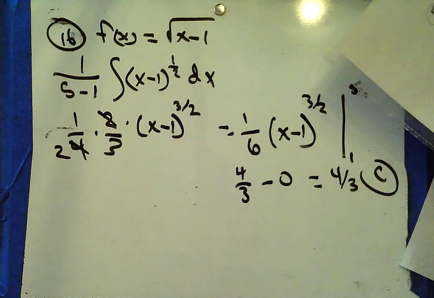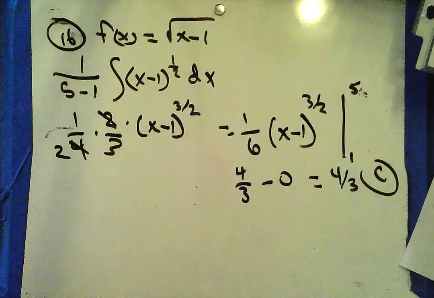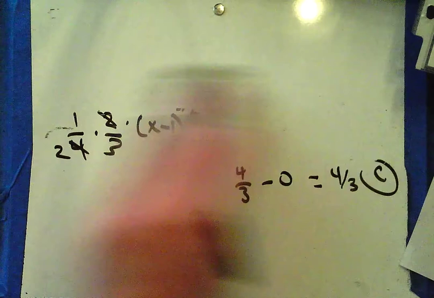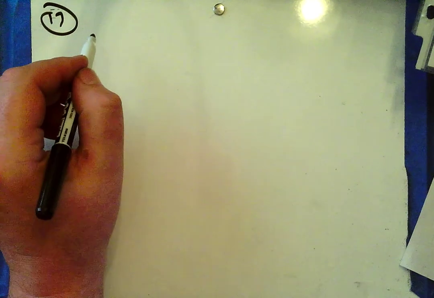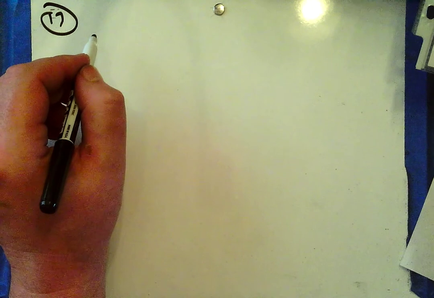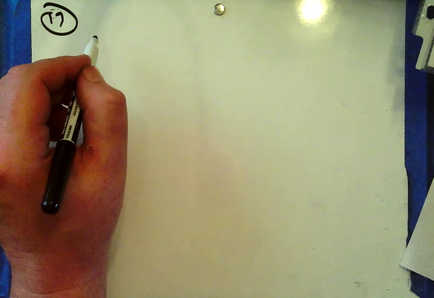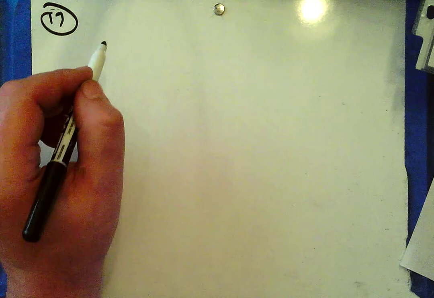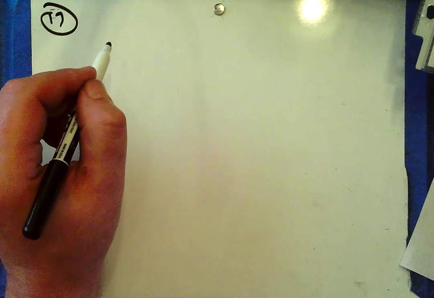Excellent. Let's take a look at 17, 18, and 19. I'll deal with this picture. Let's be mindful of that. At x equals 1. This is a graph of f prime that's shown to us. They tell us three times that this is a graph of f prime.